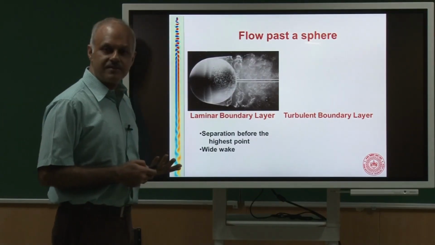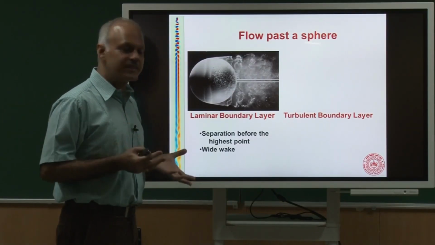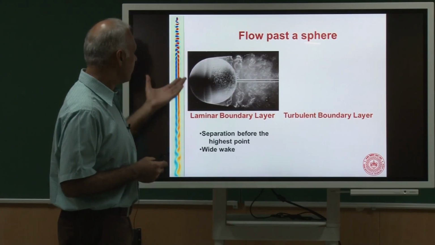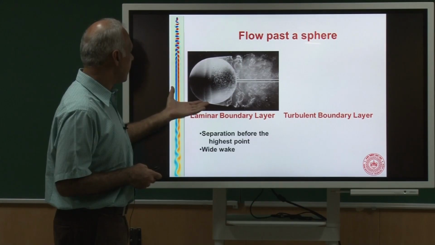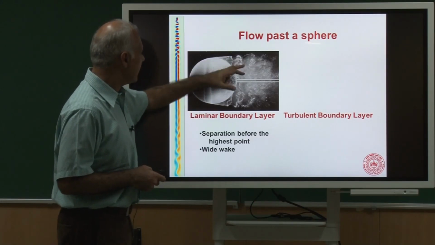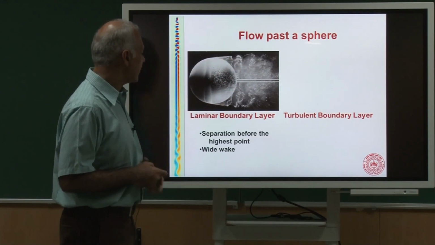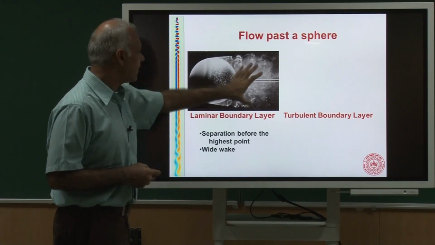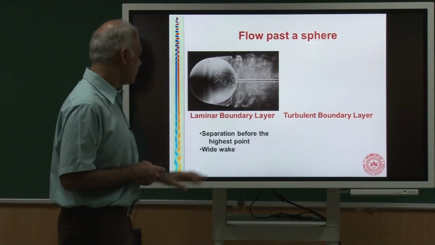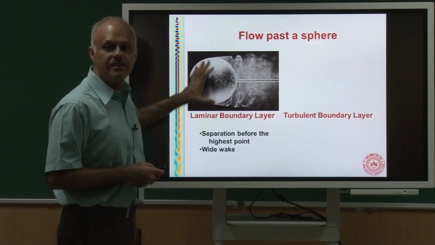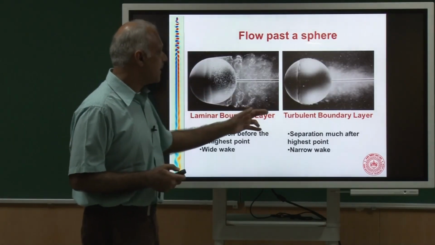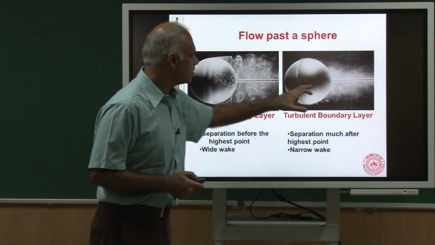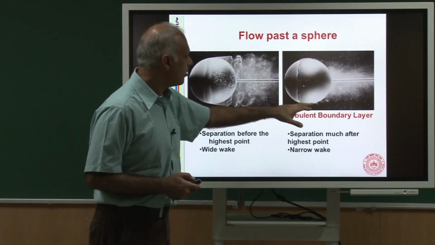How about a sphere? That was a two-dimensional body, a circle, but if you have a sphere, then this is a laminar boundary layer which is separating, and you can see very nice separation of the flow and then the wake downstream. But the wake is quite wide. Now if I go to a turbulent boundary layer, so I increase the speed, you will see the wake has reduced in size, there is a lot of mixing going on.